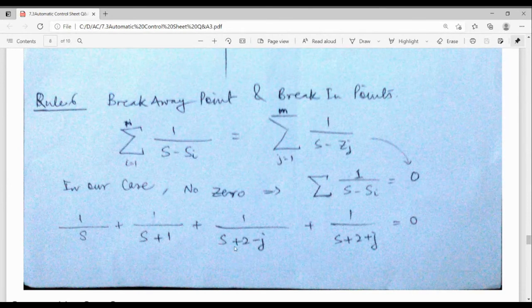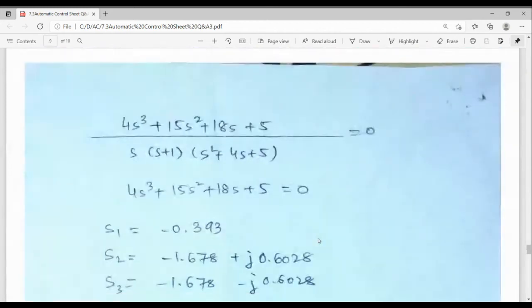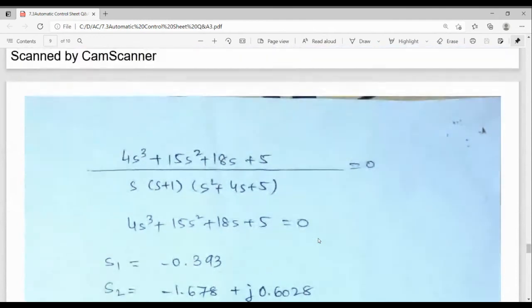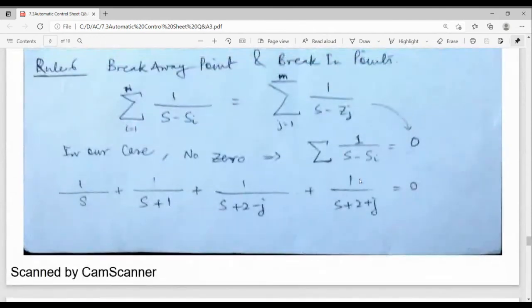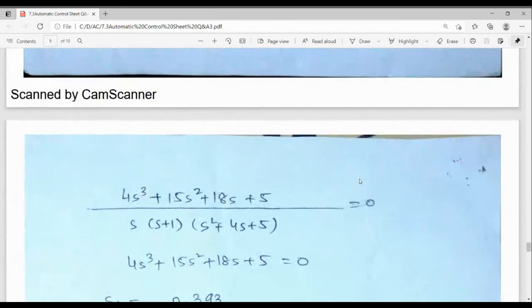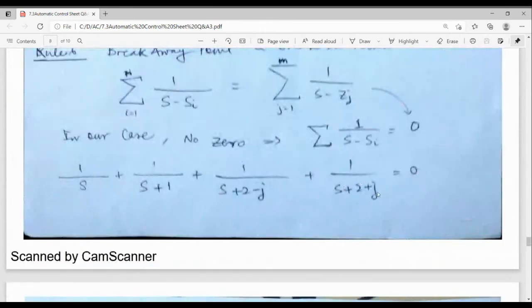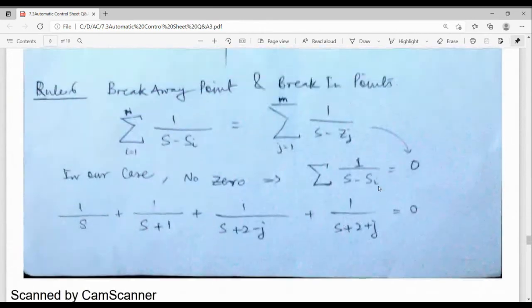These are our roots: 1 by s plus 2 minus j, s plus 2 plus j. Minus of minus, both will be plus. Is it clear? Then by this equation, you will get this, equal to 0. You got this.